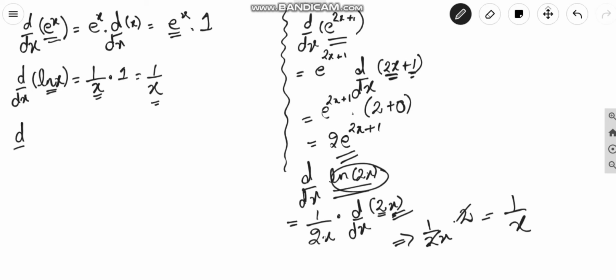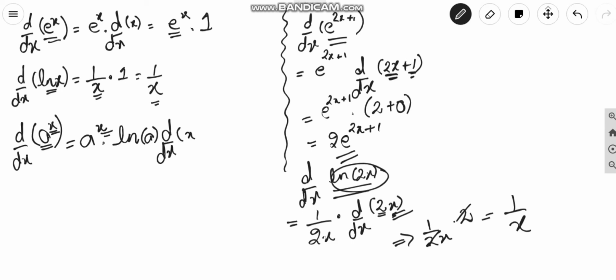Now the next one is that if we have a function of the type a powers x, where a is a constant and x is a variable. The formula to find out the derivative of such functions is that our function will remain as it is, and next we will take the natural log of a and the further derivative of the power.